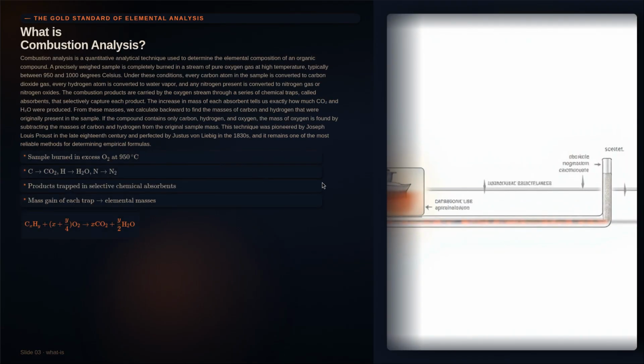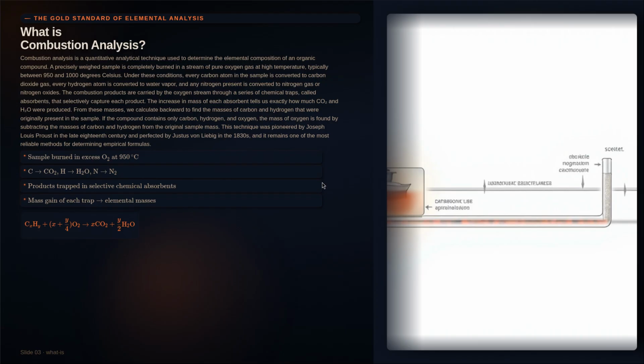Combustion analysis is a quantitative analytical technique used to determine the elemental composition of an organic compound. A precisely weighed sample is completely burned in a stream of pure oxygen gas at high temperature, typically between 950 and 1000 degrees Celsius.